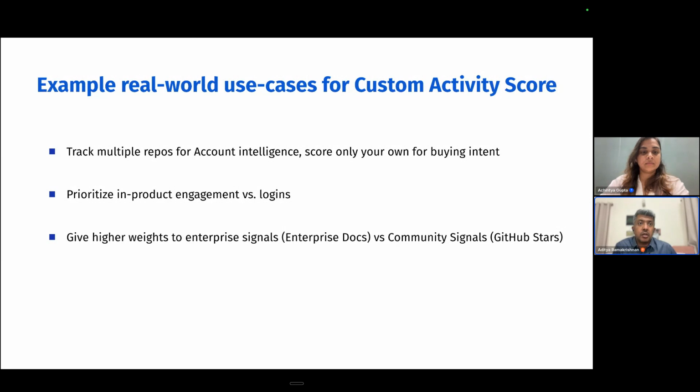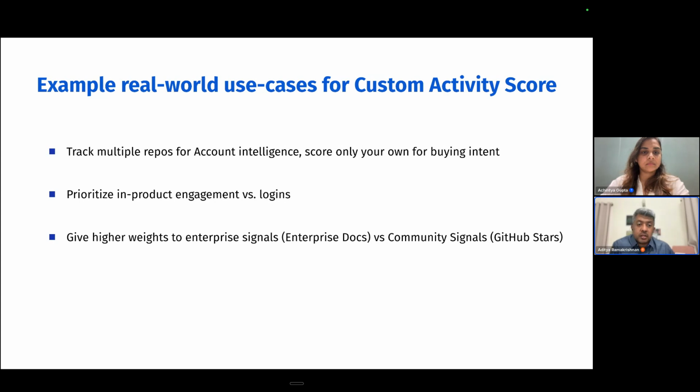But you don't want very high activity on complementary repos or major open source repos to affect your activity score, because those repos will obviously generate a lot of activity. So you can score those down and keep the score for your own repos high, because that's actually showing real interest in your own product versus category or halo effect interest, right?